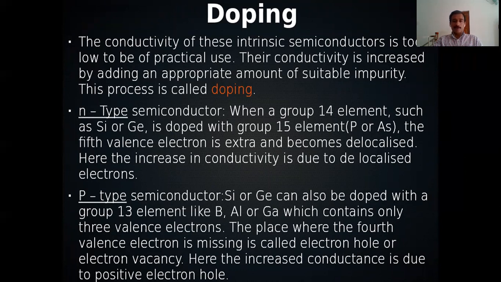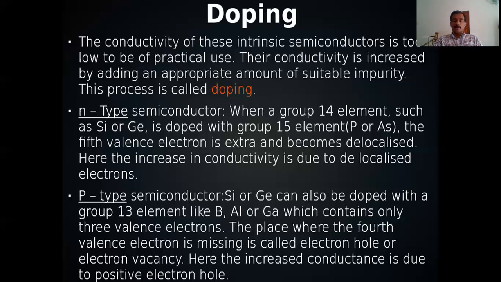Therefore, the conductivity of intrinsic semiconductors is increased by adding an appropriate amount of suitable impurity. The conductance of semiconductors can be increased by the introduction of calculated quantities of suitable impurities. That process is known as doping.